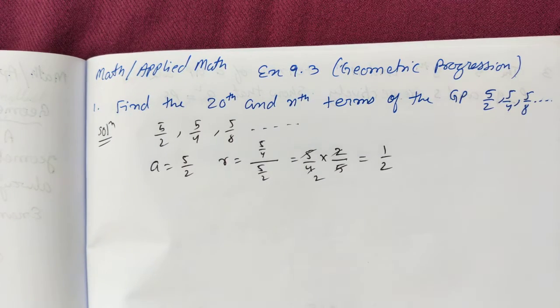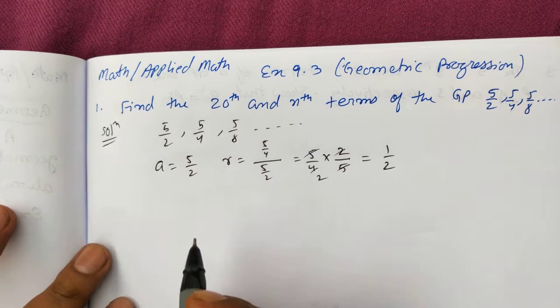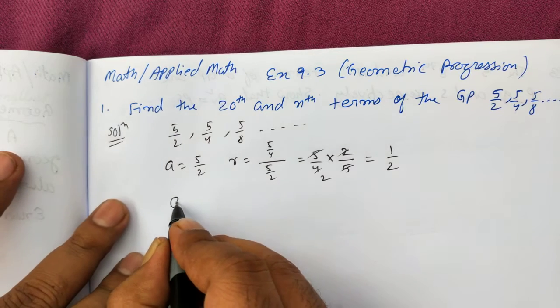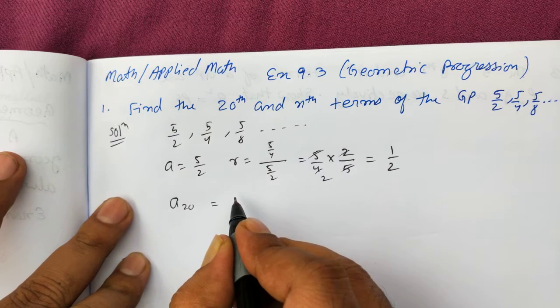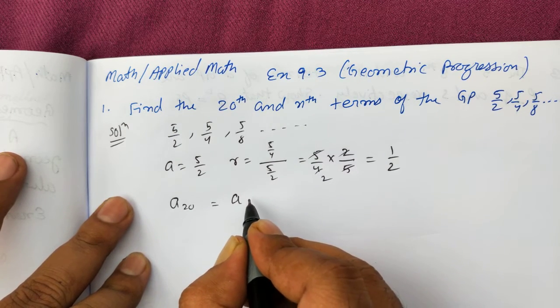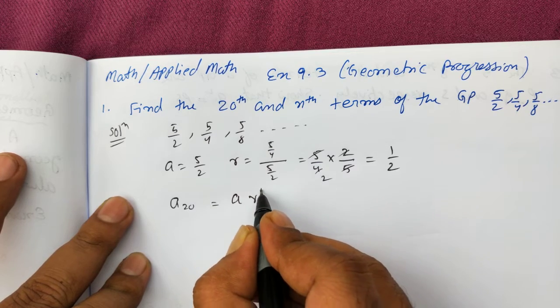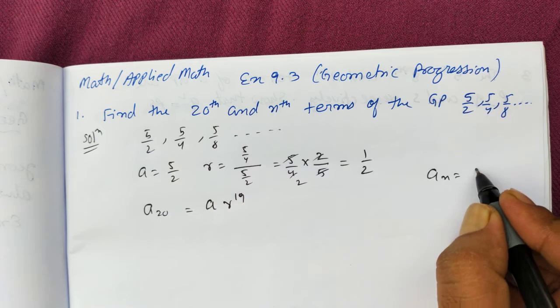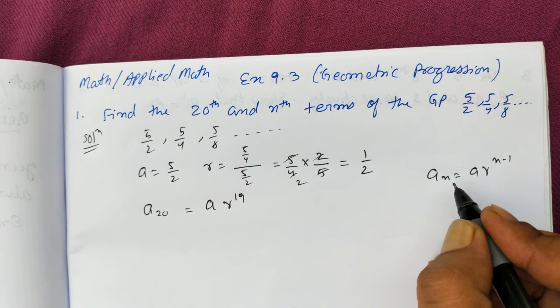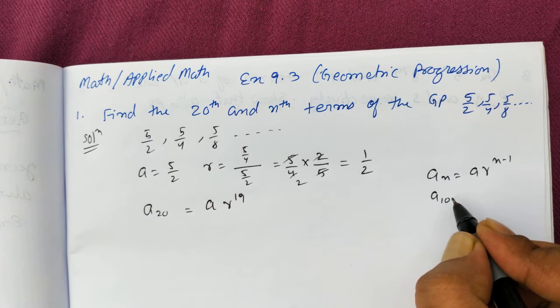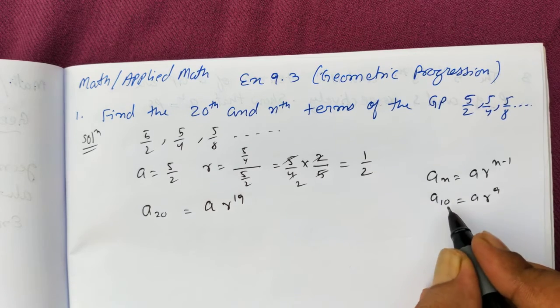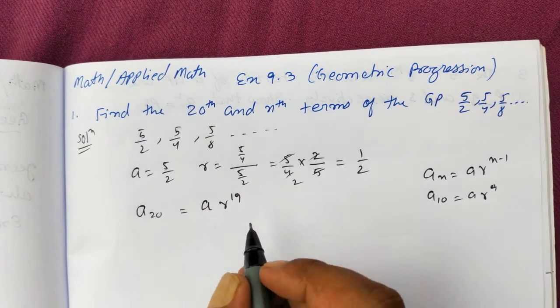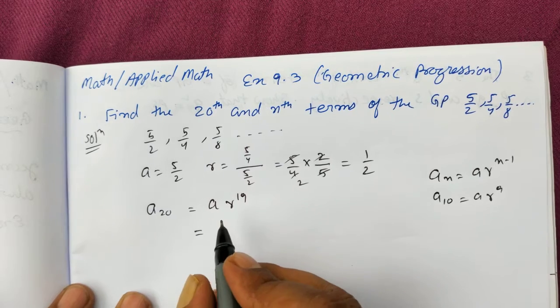Now you are going to find a20. A20 means ar^19, one less. The formula is an is ar^(n-1). So if it is a10, we can write ar^9, one less than this. So ar^19. Put the value now.